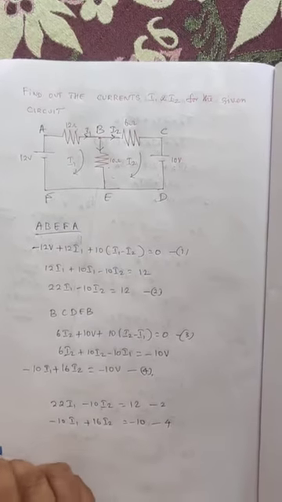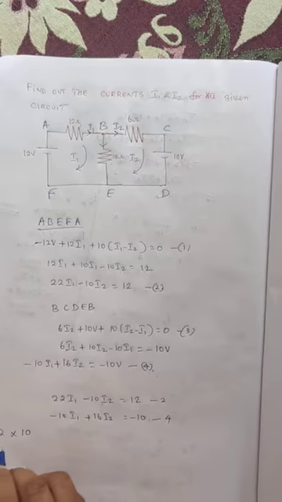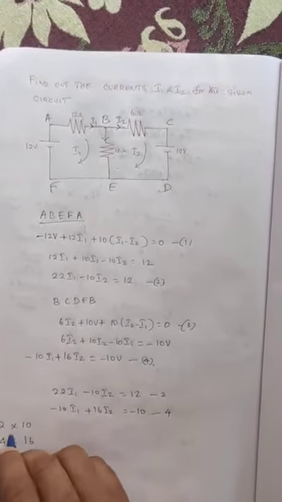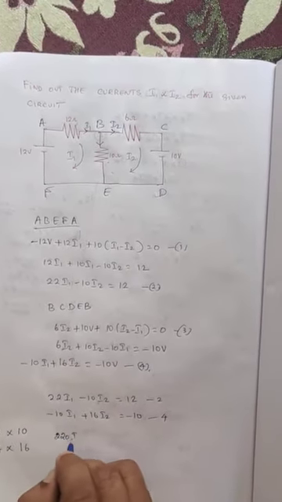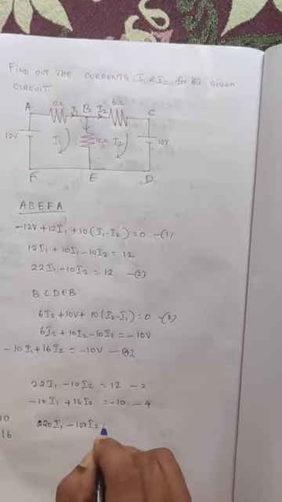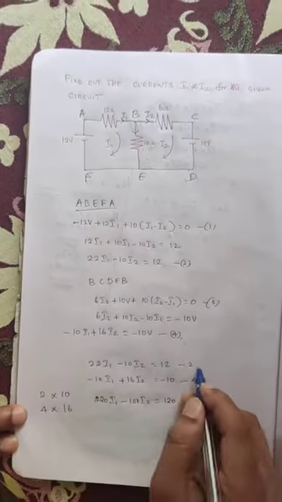First I am multiplying equation 2 with 10. So 220 I1 minus 100 I2 is equal to 120.